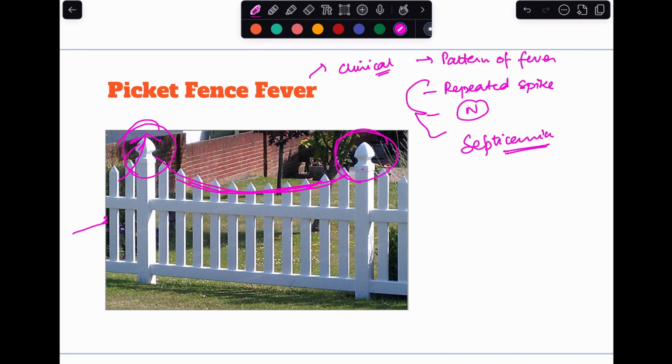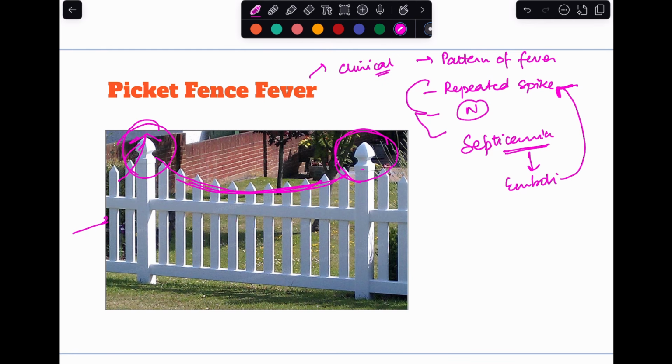When there is septicemia, it coincides with release of septic emboli into the bloodstream. And this septic emboli is the reason why you are having these repeated spikes. So whenever there is a repeated release of septic emboli, there is a repeated spike and then it goes back to normal. Typically the patient will be having irregular fever, having one or more peaks in a day, and this fever will be accompanied by chills and rigors.